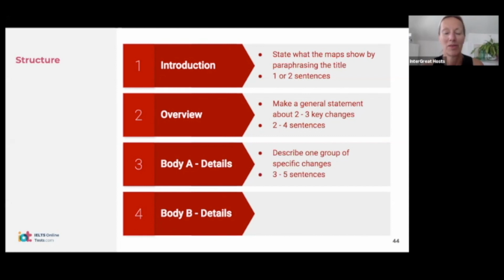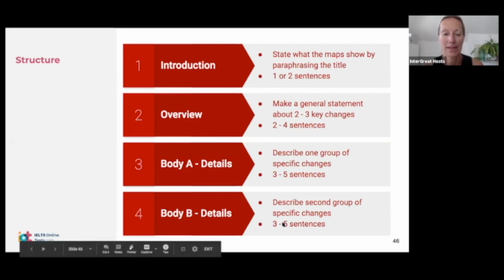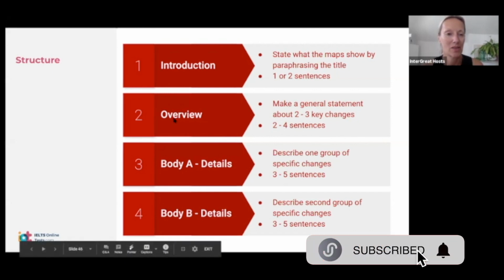Okay, it's 3 to 5. So as you can see, it kind of goes up. So the introduction is 1 or 2, 2 to 4, 3 to 5. So it gets slightly longer. And then body B is the same, but you're describing a second group of specific changes. Same length. Okay, so that is the basic structure for this.